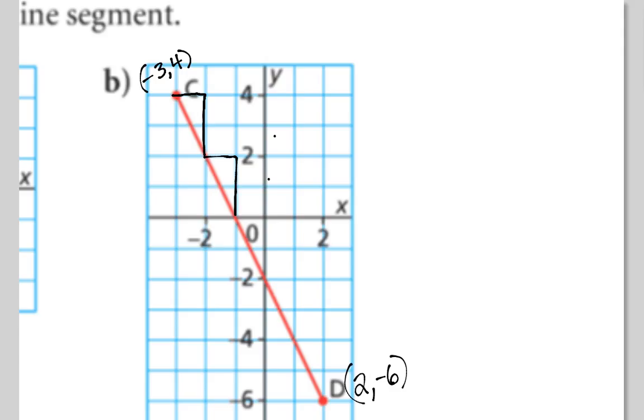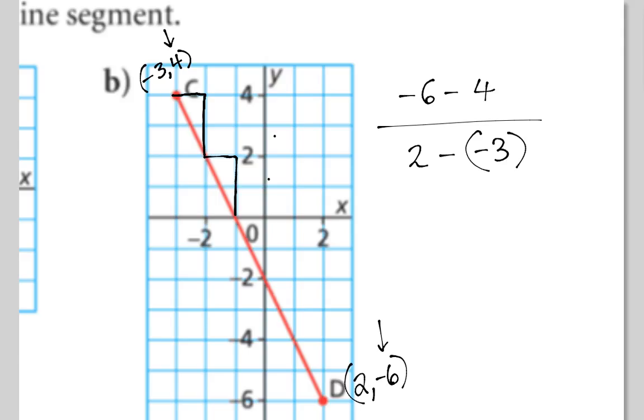Yeah, I would say this one's the second point because it's farther to the right. So what's the change in the y's? Negative 6, take away 4. Remember, you have to do the y's first. And then we're going to divide 2, take away negative 3.